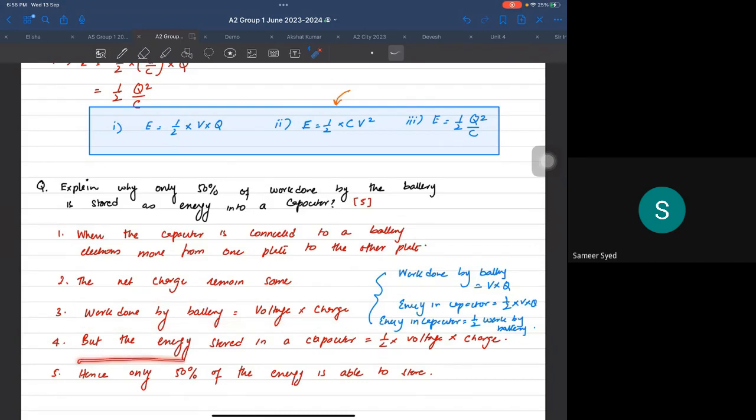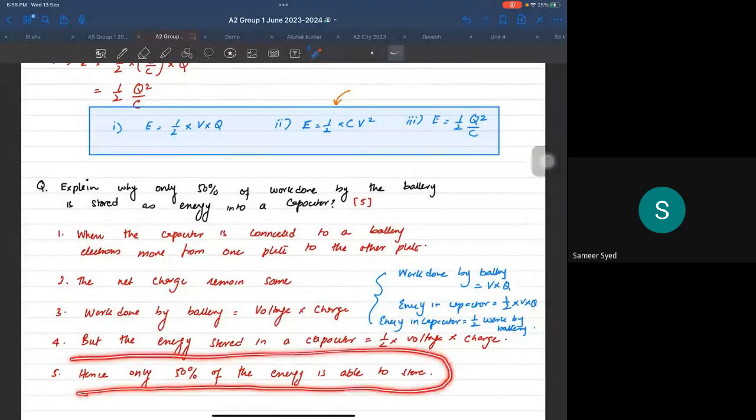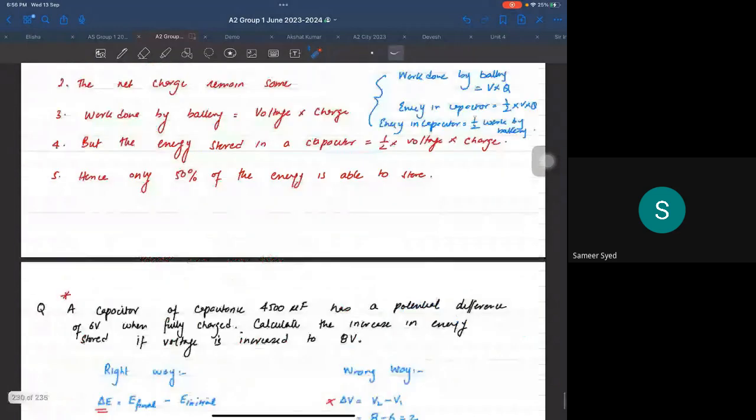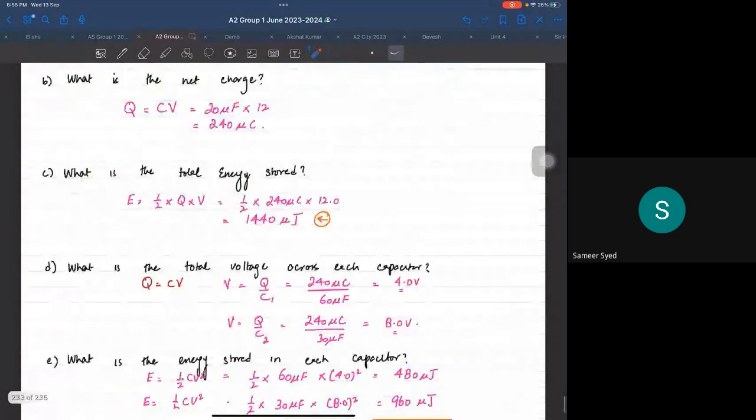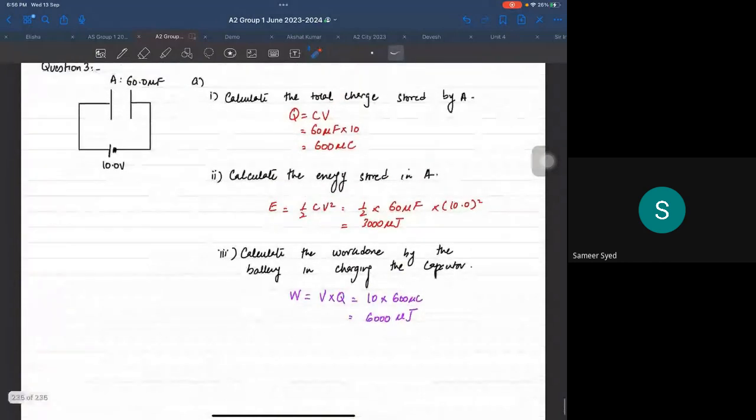But the energy stored is half V times Q. This is why I said that only 50% of the energy is stored in the capacitor. So if you had remembered that, you would just multiply 3000 by 2, and it would give you 6000.